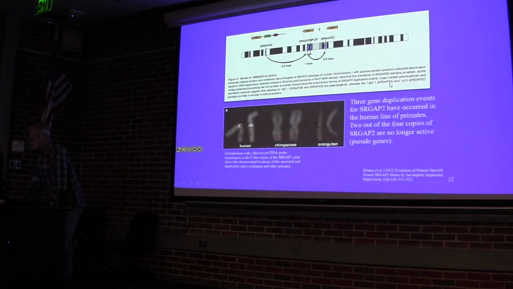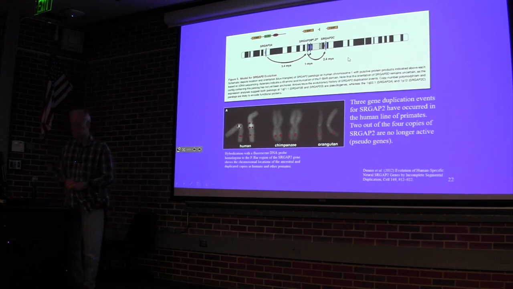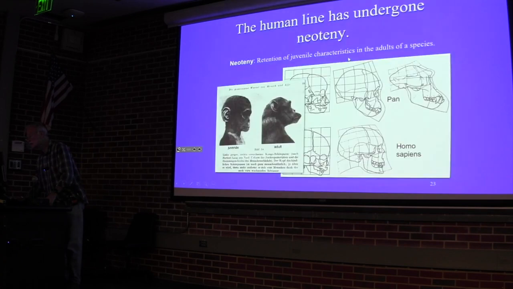Here you see the ancestral one, and then it made the duplications. This is the first duplication 3.4 million years ago, then the next right here, and the last over here. In these duplications, the gene has been shortened, so it's not a perfect duplication.